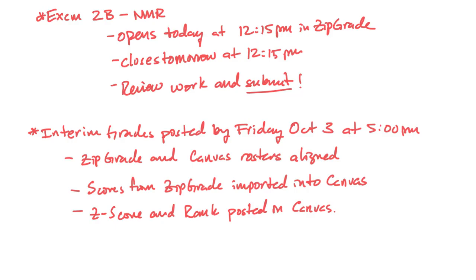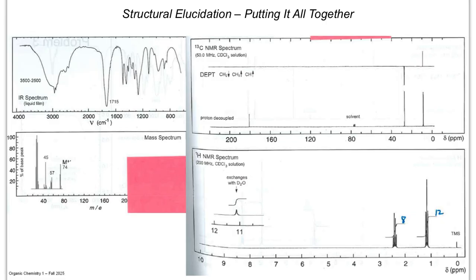So with that, I thought what we would do today is put it all together, look at 4 different problems where we'll see what the data is telling us, try to put together a structural claim and see if everything fits. So this first problem here has the IR, mass spec, carbon and proton all in one.